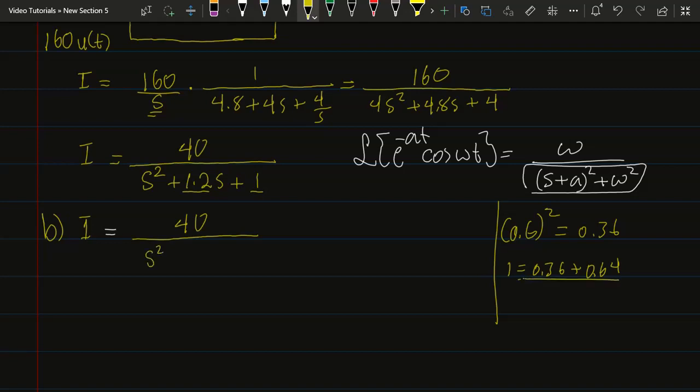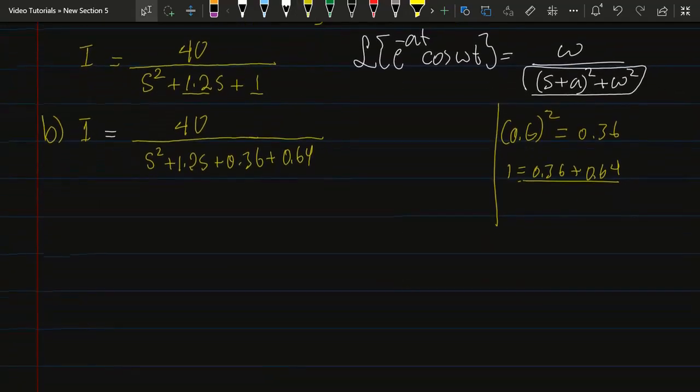So this is s square plus 1.2 s plus 0.36 plus 0.64. So this can be reduced to 40 over s plus a square plus 0.64. And a in this case is 0.6, because 0.6 square is equal to 0.36.